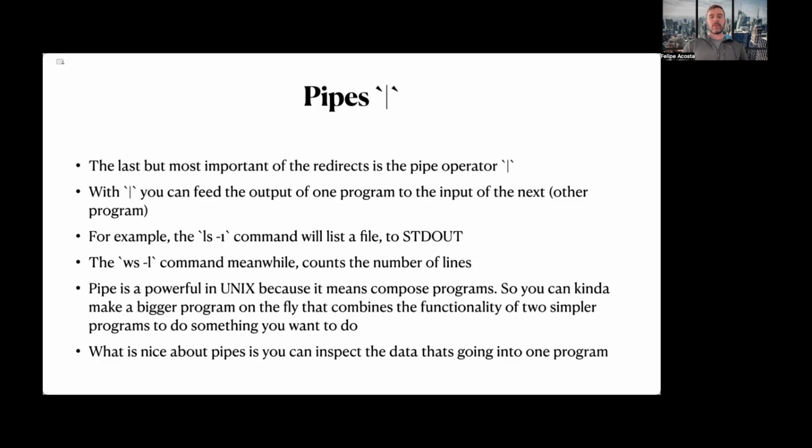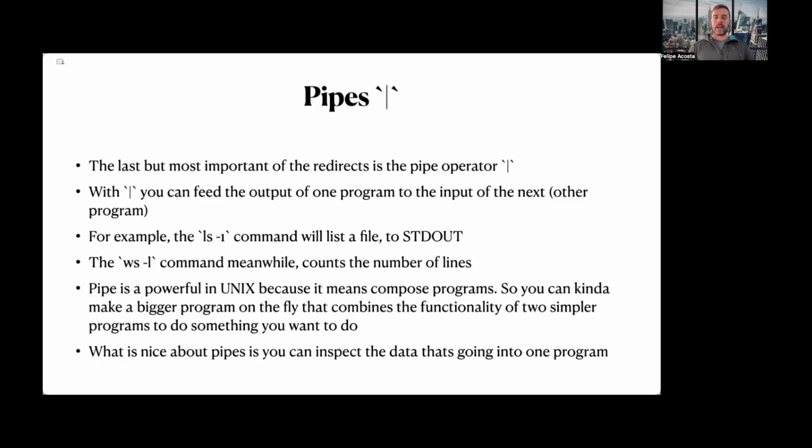Pipe is powerful in Unix because it means you can compose programs, basically chain programs. So you can make a bigger program on the fly that combines the functionality of two simpler or smaller programs to do something you want to do. So you can get really creative with pipes.